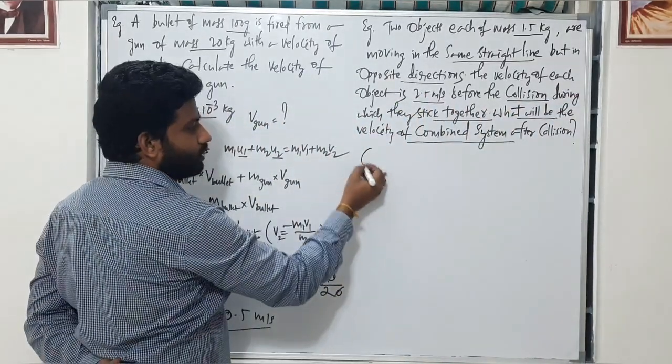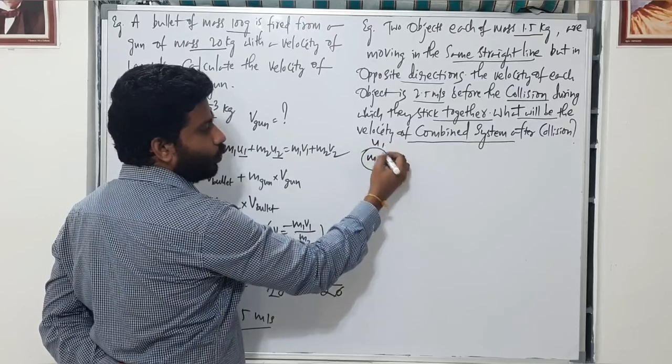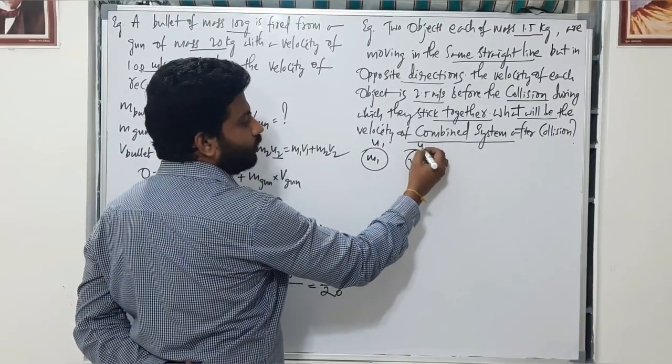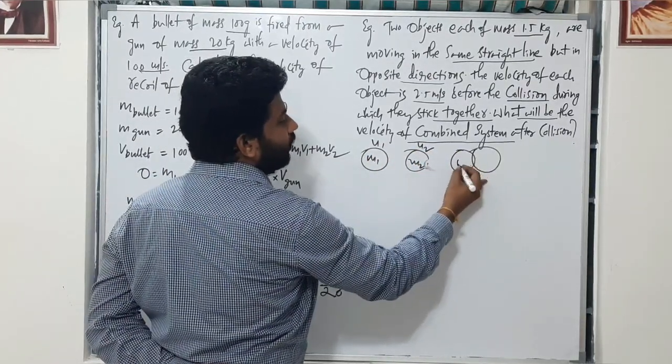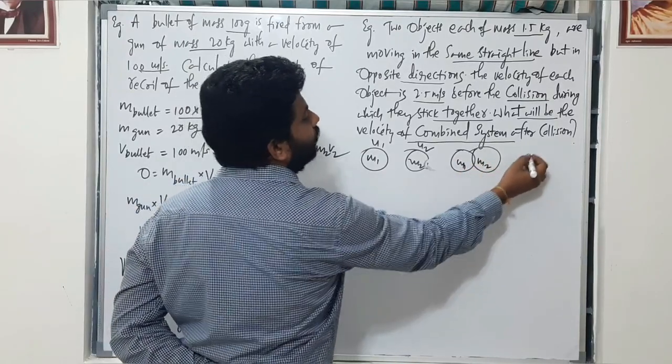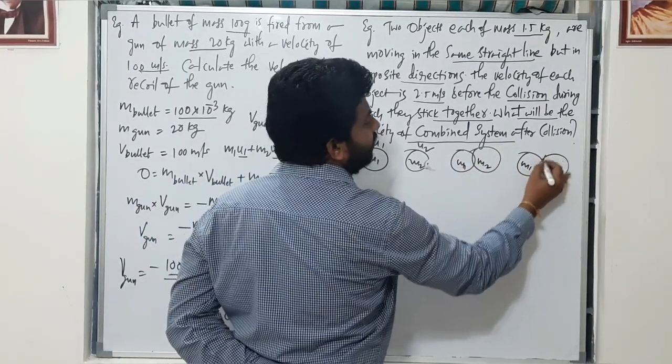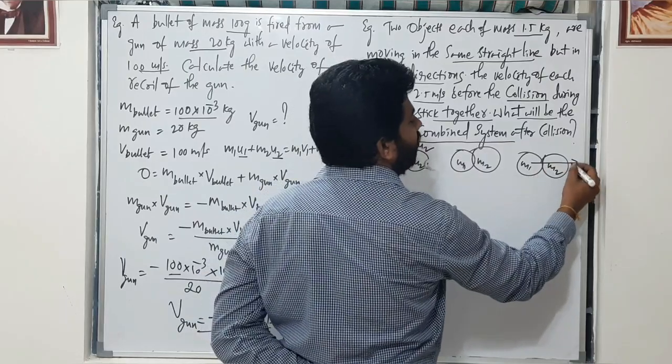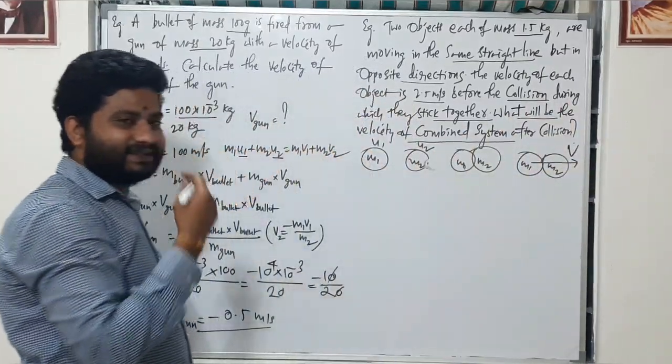This is the situation. M1 U1, M2 U2, so this is during collision, M1 M2, and this is after collision. So they move with a common velocity. That's the common velocity they are asking.